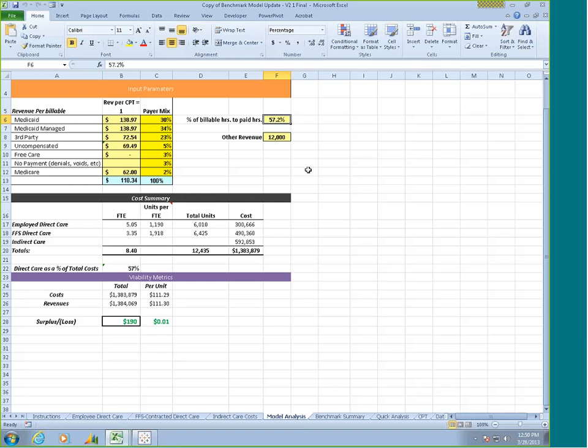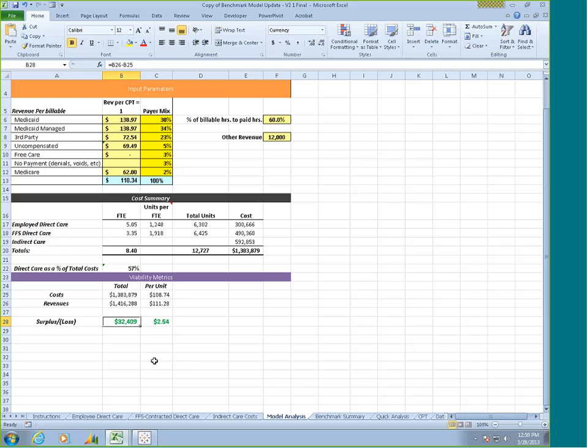As an example here, we have a break even, and we're expecting our direct care clinical staff to provide billed services 57.2% of the paid time. If that, in fact, was in reality 52%, you'll see that the clinic is now in a deficit position. On the other hand, if it was 60%, then you'll see that you're in a positive position.